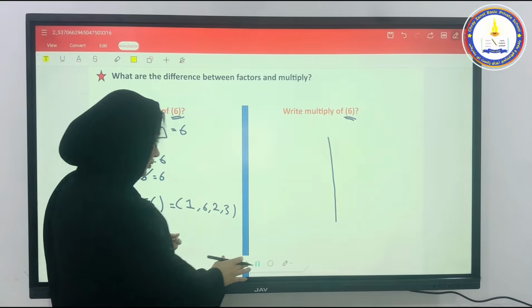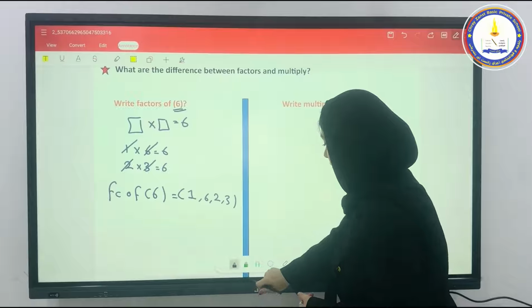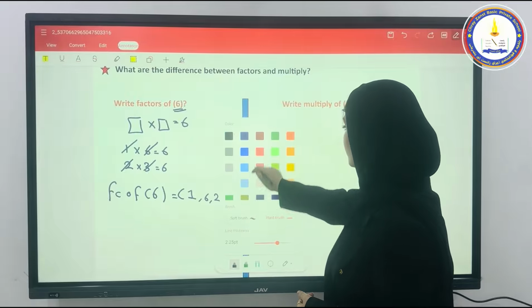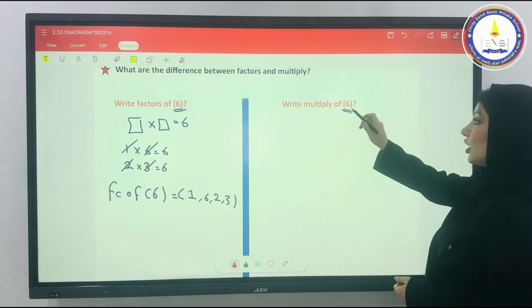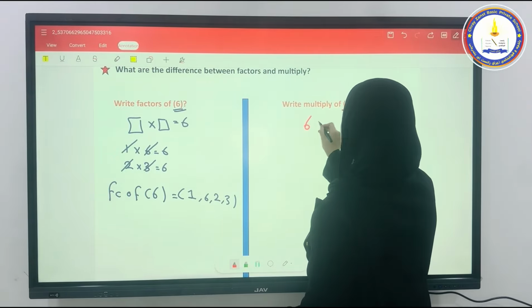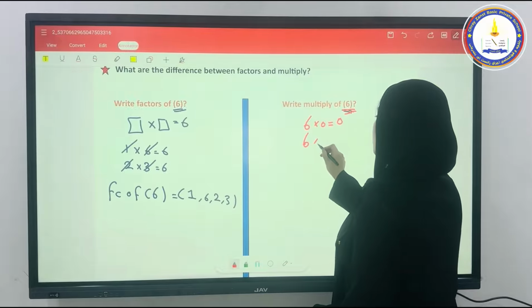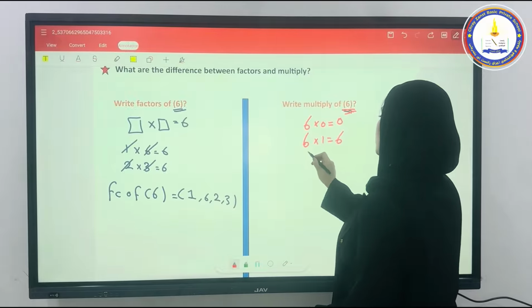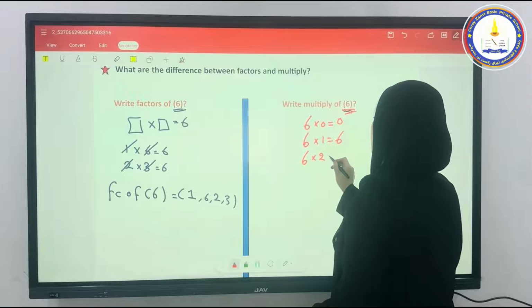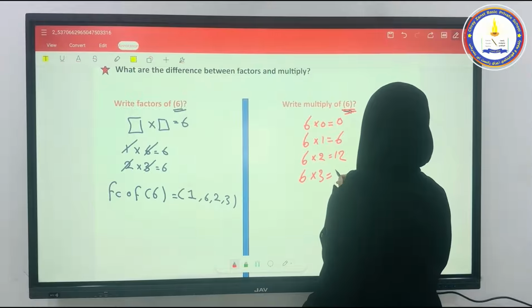So what about that part? You just write the multiplication of 6. 6 times 0, 0. 6 times 1, 6. 6 times 2, 12. 6 times 3, 18.